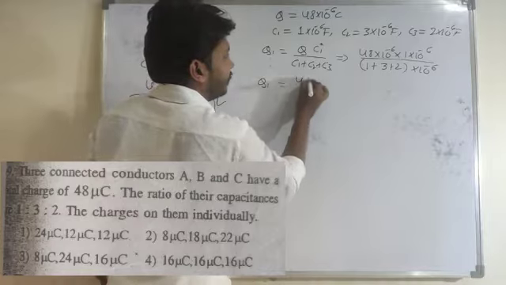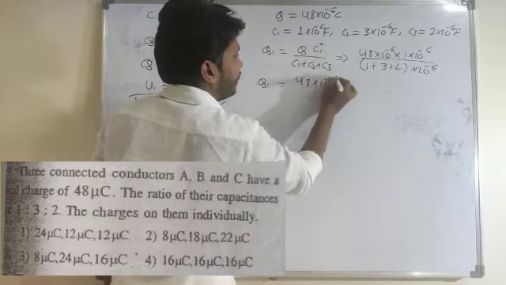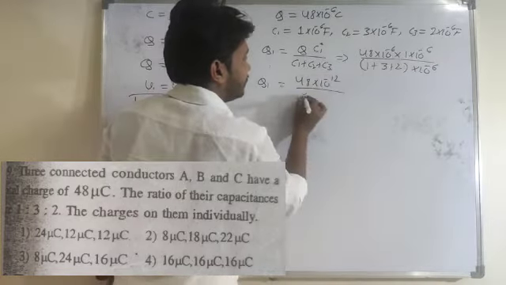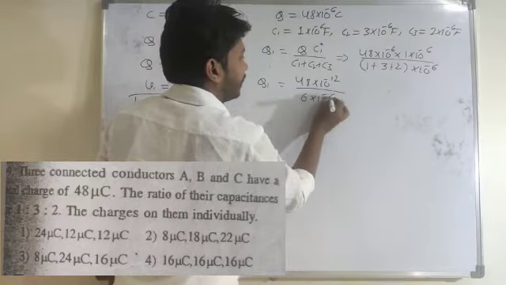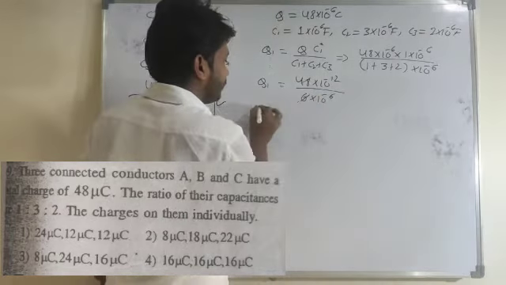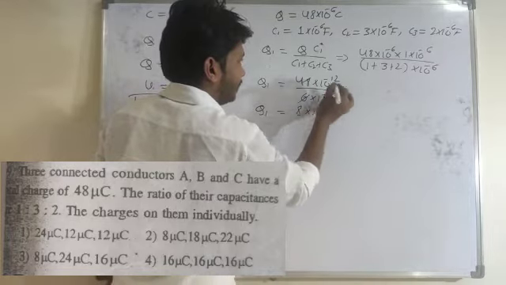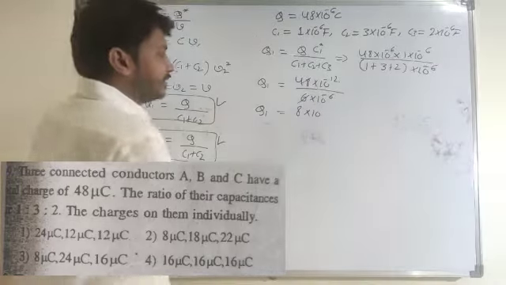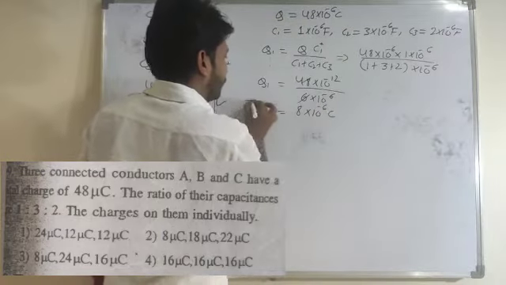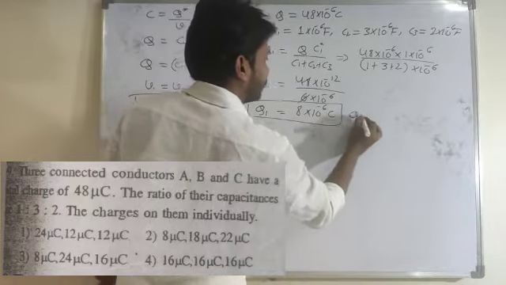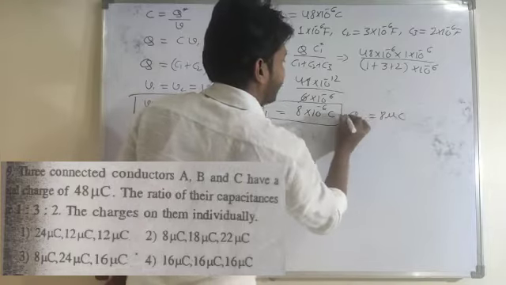So Q1 is equal to 48 into 10 to the power of minus 12 divided by 6 into 10 to the power of minus 6, so 8 into 10 to the power of minus 6 coulomb. What is the Q1 value here? Q1 is equal to 8 microcoulomb.